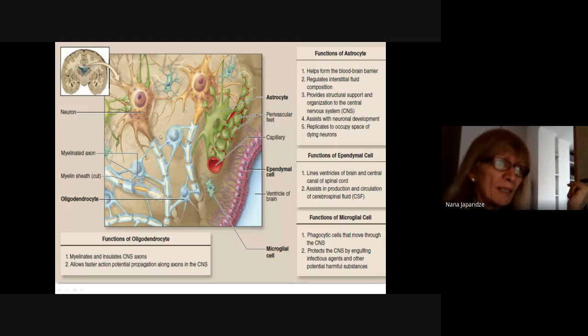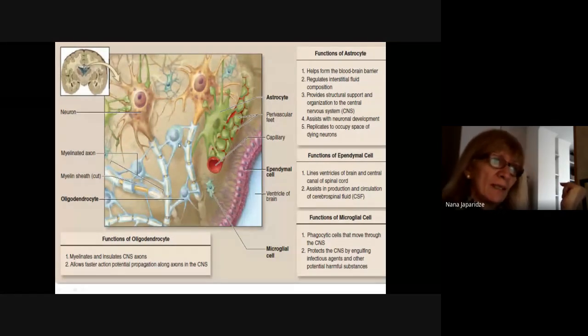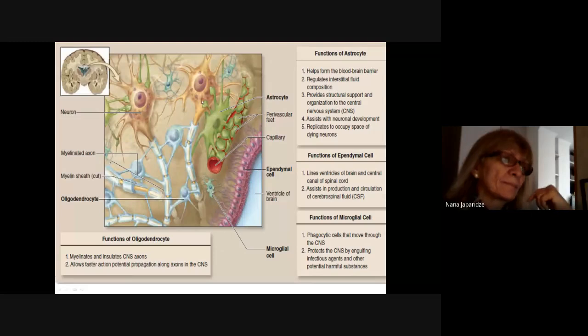But you see here, this is to demonstrate how the oligodendroglial cells are working in the white matter. What you see here: neurons, myelinated neurons. You see here glial cells and their processes, which are attached to the surfaces of axons.